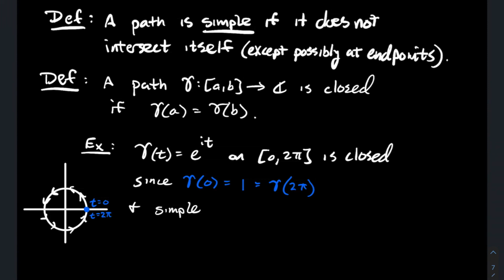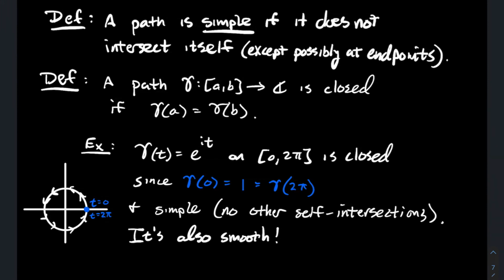But it's also simple because, remember, the curve doesn't intersect itself except possibly at the endpoints. So the only time the curve is going to touch itself again is t equals 0 and t equals 2 pi. Those are the only intersection points. So there are no other self-intersections. Therefore, the unit circle is a simple closed curve.